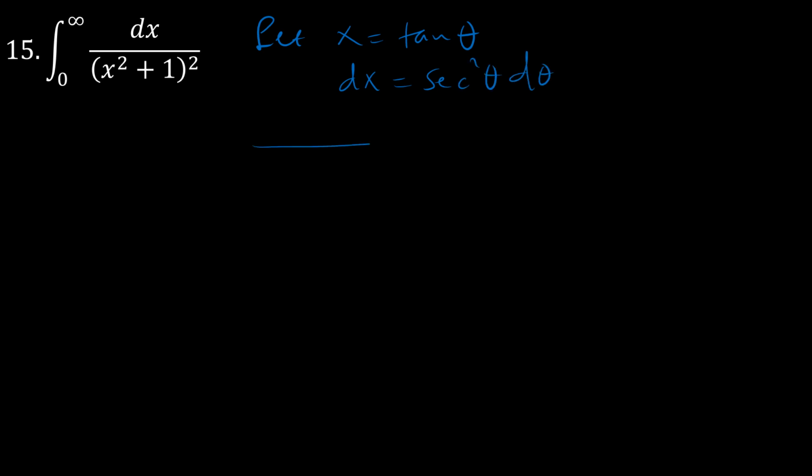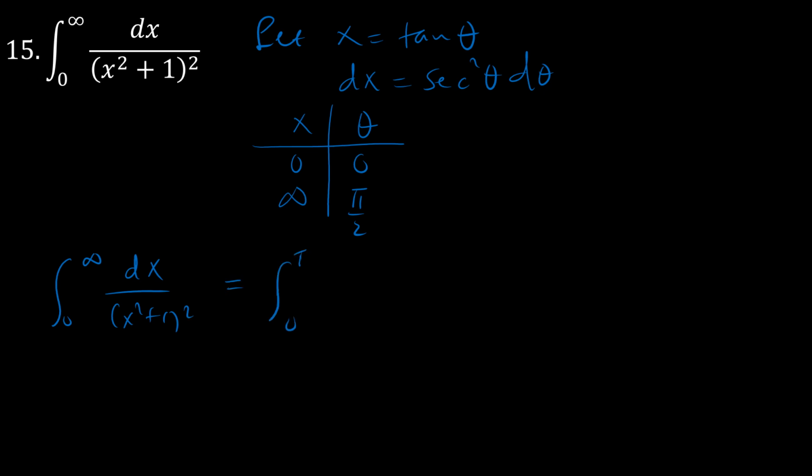And so if we do the x and the theta, 0 tends to 0, and infinity tends to pi over 2. So this problem now becomes the same as 0 to pi over 2, where we have dx, we'll put sec square theta d theta.